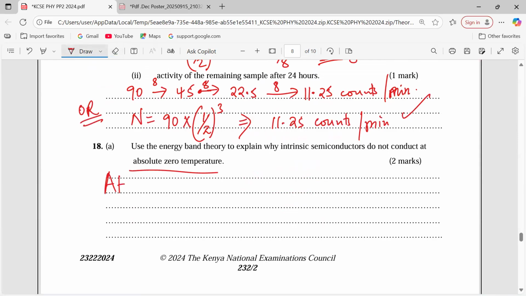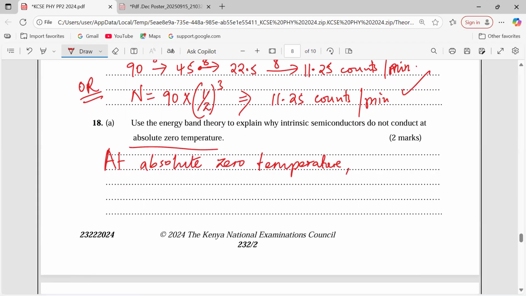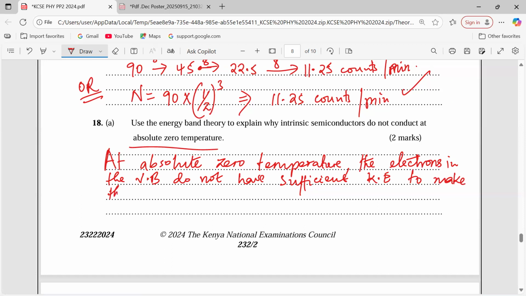At absolute zero temperature, the electrons in the valence band do not have sufficient kinetic energy to make them move into the conduction band via the forbidden energy gap.